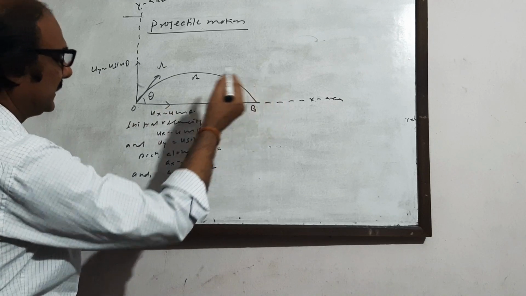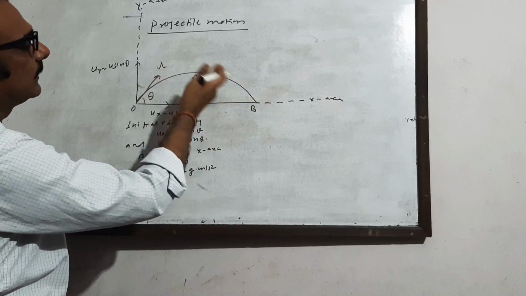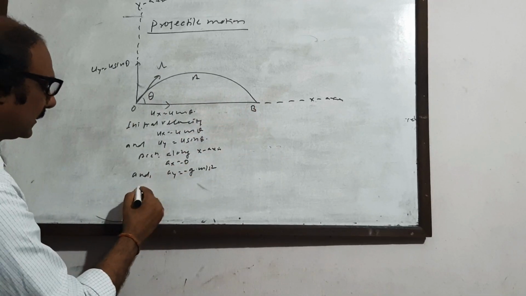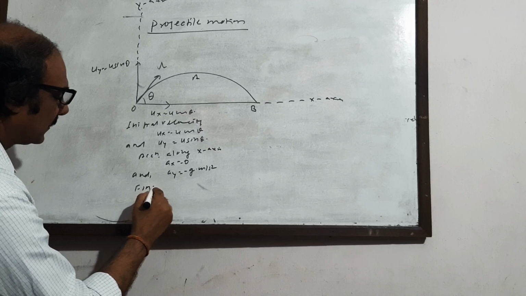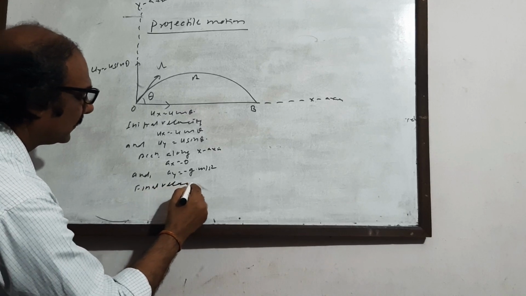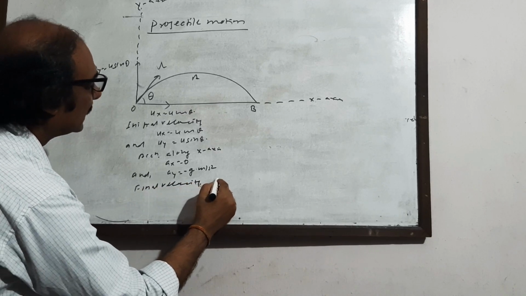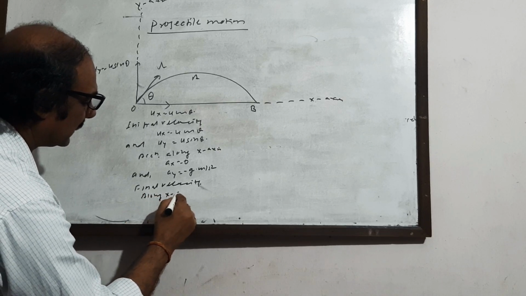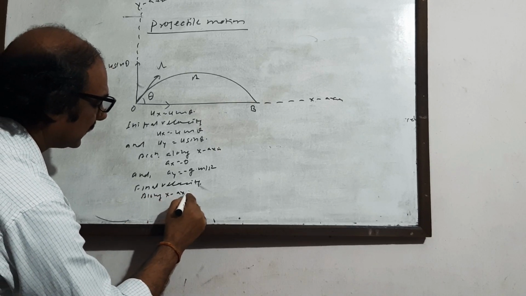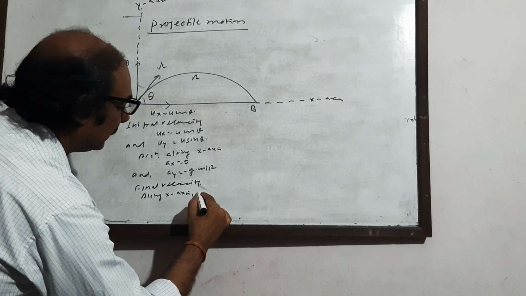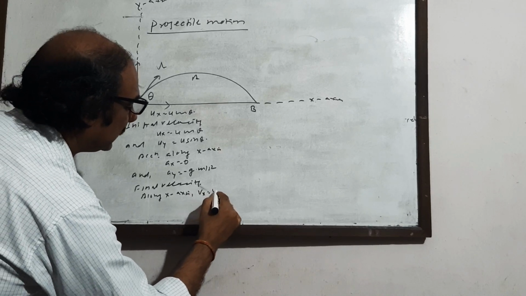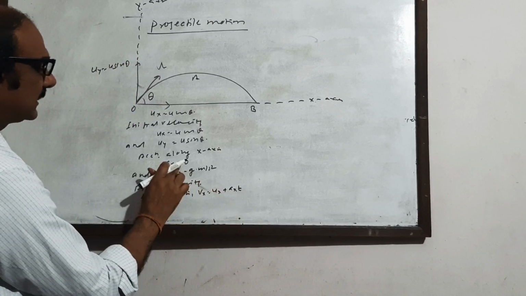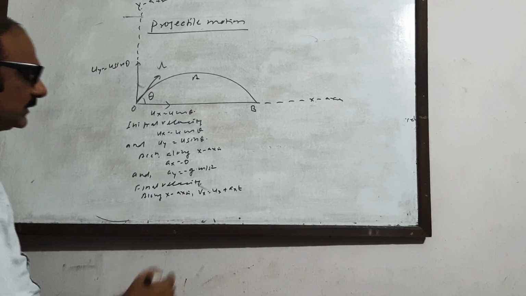The final velocity of the projectile at any instant or at any point. Final velocity along the x-axis, Vx equals ux plus ax t, and acceleration along the x-axis is equal to 0.